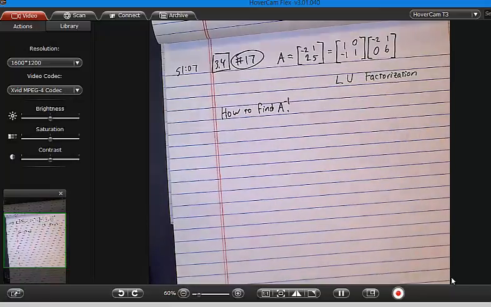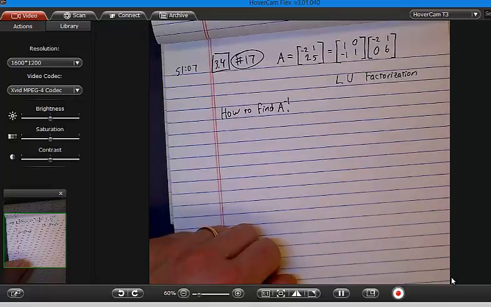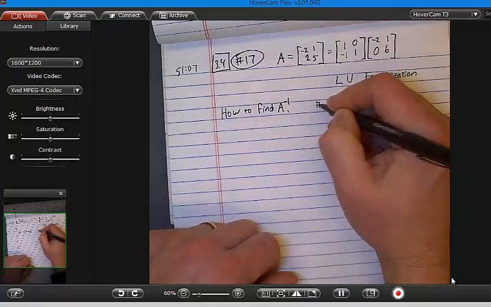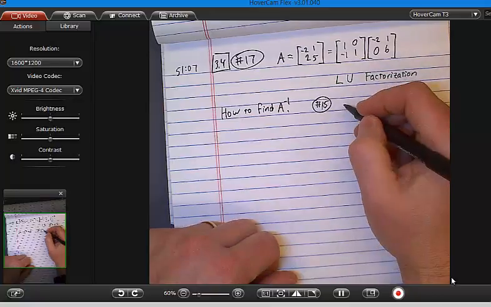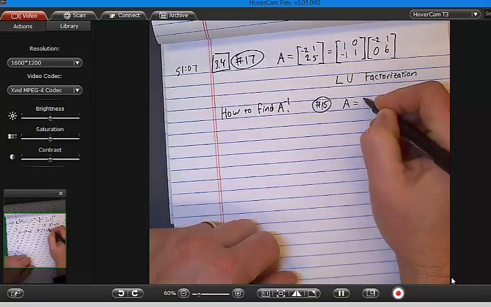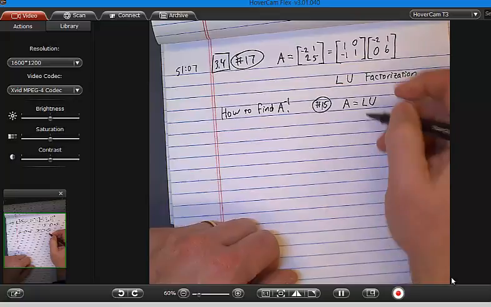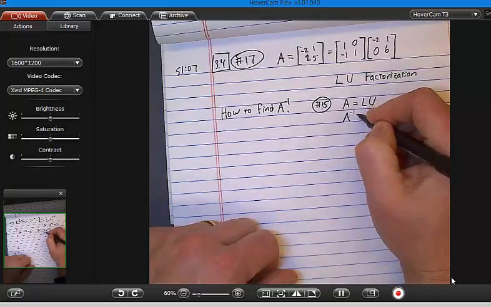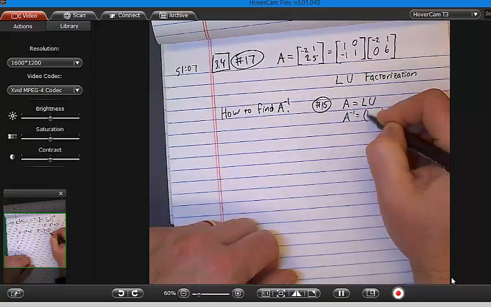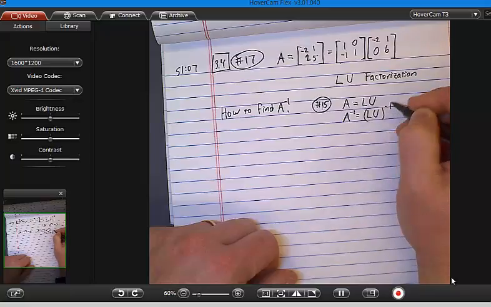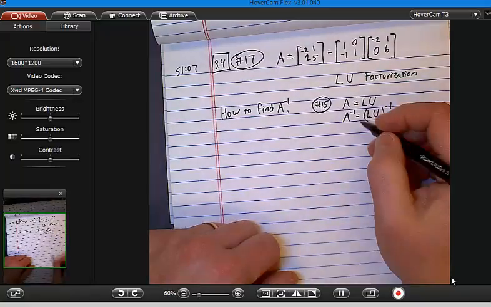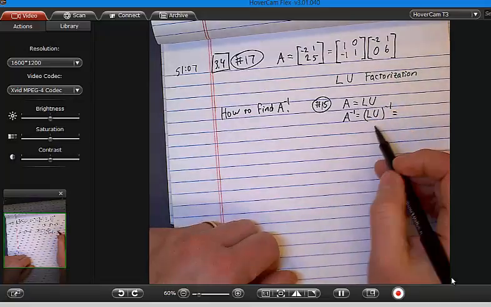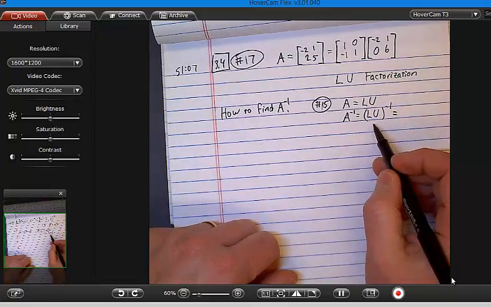Okay? So, I guess in number 15, I'll tell you what you do. Since A is equal to L times U, A inverse is equal to (LU) inverse, correct? What does that equal? U inverse, L inverse.